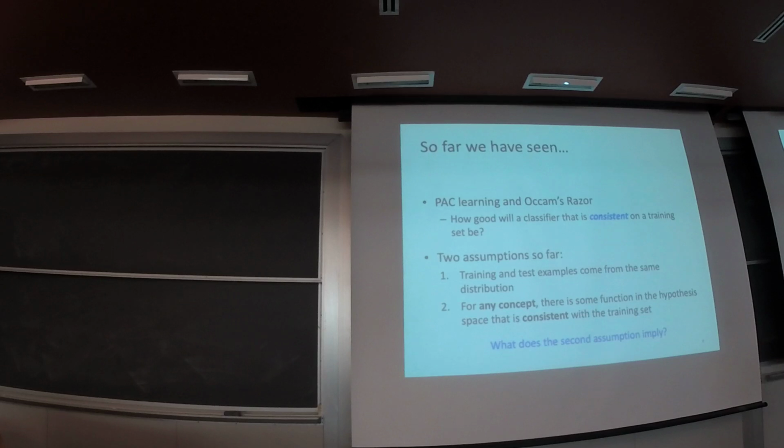There are no errors in your training data? Yeah, of course. We require there's no error in training data. But this requirement is kind of strong, right? For the family of target functions, we must ensure that for an arbitrary target function, you can always find a candidate function in the hypothesis space which is consistent with any training set.